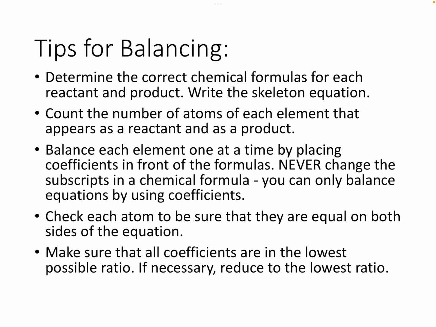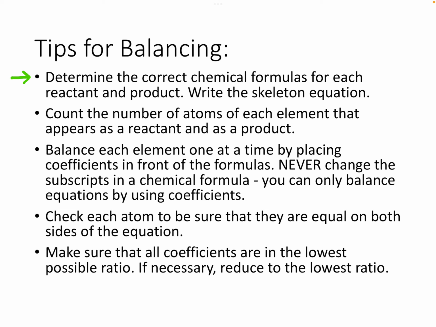So this slide is very wordy, but it does give a lot of tips for balancing equations. So first, we want to determine the correct chemical formulas for each reactant and product. If we're not given the molecular formulas for each reactant and product, we'd have to write those ourselves. Most of the time, though, you'll be given the formulas.